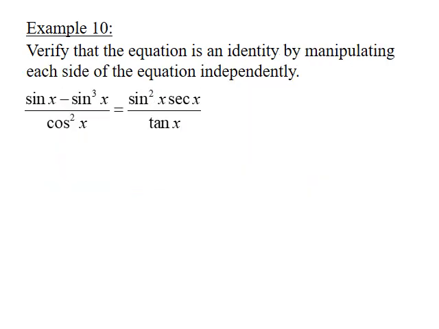Example 10 is a little bit different. It says verify that the equation is an identity by manipulating each side of the equation independently. Now, when you look at this, you will see the left-hand side is a mess and the right-hand side is also a mess.